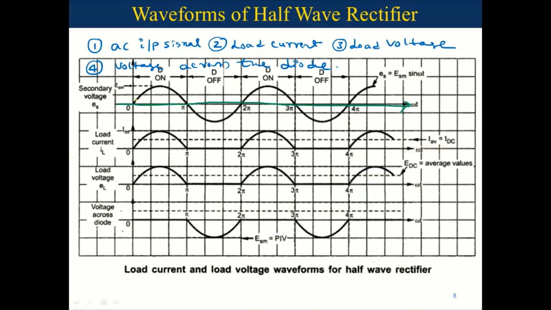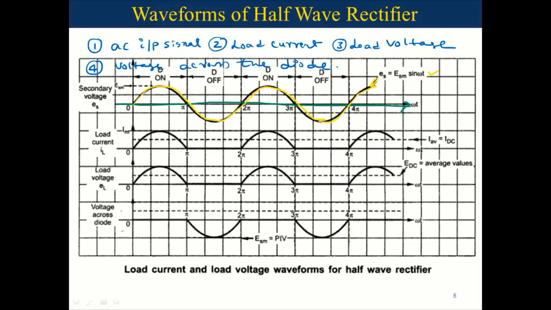So I'm starting here. This is the positive half cycle of the input, and this is the negative half cycle of the input. That is the input signal. Since it's a sinusoidal signal, we can assume it as ES or VS equal to Vm sin omega t.